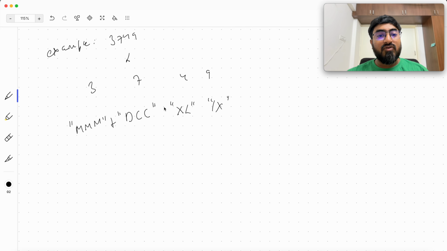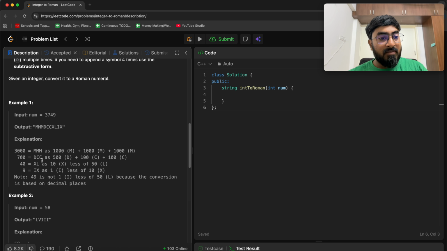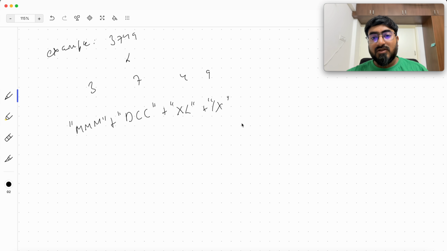Then all you have to do is append all of these: MMM DCC XL IX. So that is for the digit at the units place, tens place, hundreds place, and thousands.